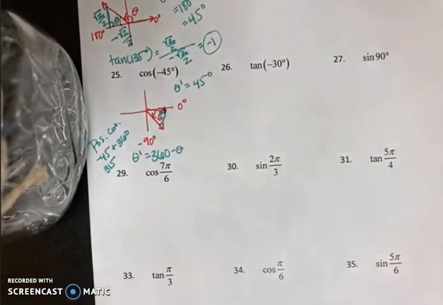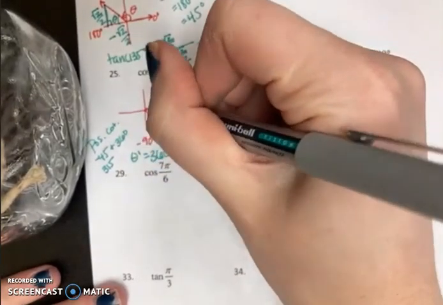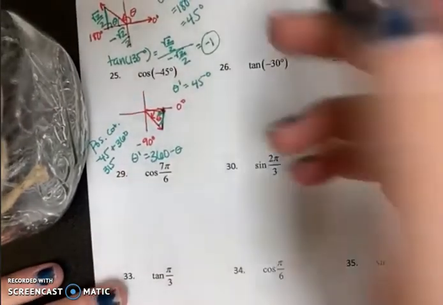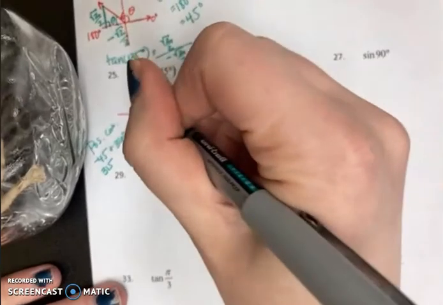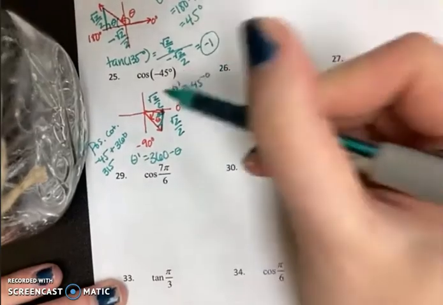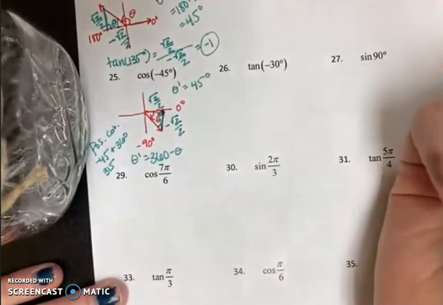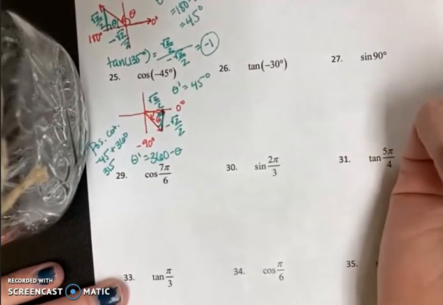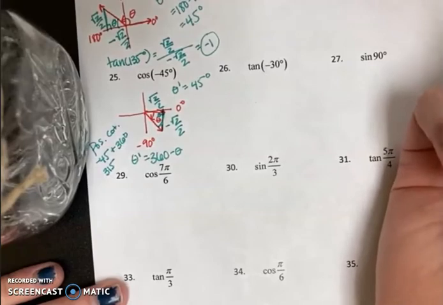I think it's easier just to look at it, but go for however you think you want to solve it. Now, because it's 45, I have root 2 over 2, root 2 over 2, but keep in mind the signs. X is positive, Y is negative. Now, I want the cosine of negative 45.